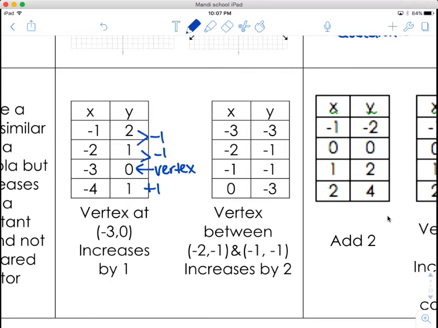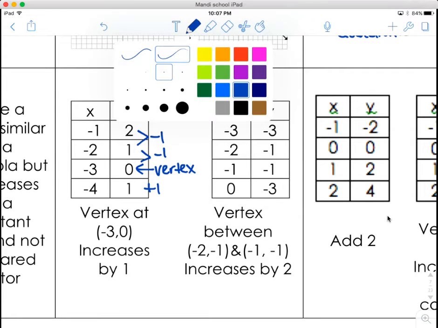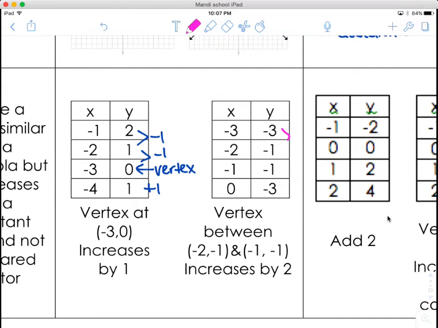So on this one, we can't really see the vertex because this one is going to increase by 2. This one doesn't increase. That's because that's where the vertex is at. The vertex is in between them. And then this one is decreasing by 2. But still constant, what's happening.